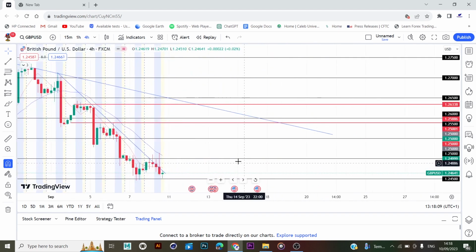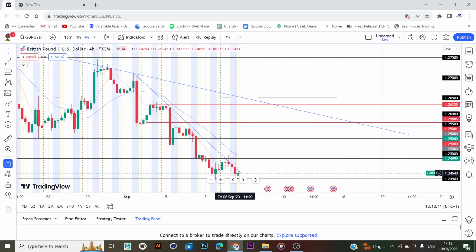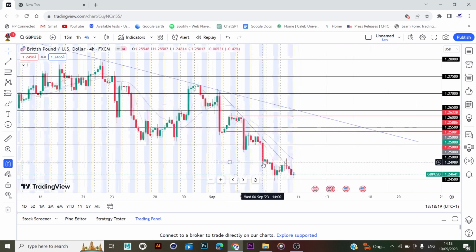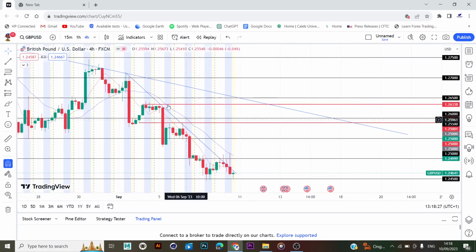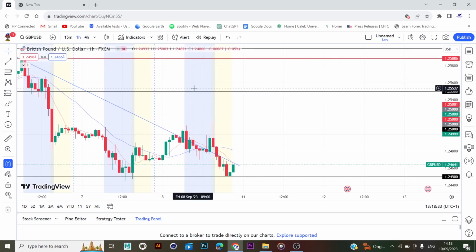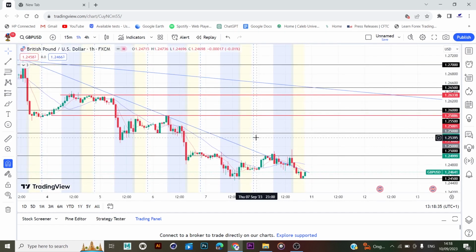If price does a retracement, that means price is going to break the previous high. Once price breaks the previous high, we are in a potential uptrend, but I'm not sure about that. Since we already know the main trend, let's go down to the 1 hour time frame and see what's happening.